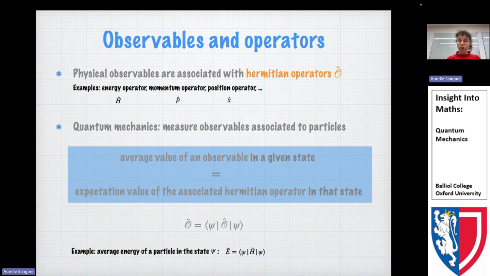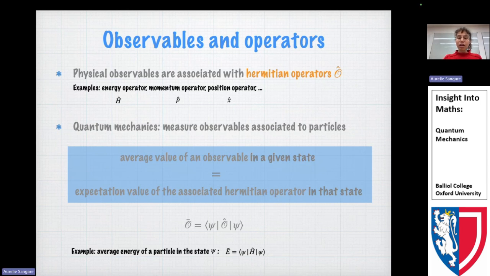So depending on psi, you could get different average values for an observable. So that's why we always talk about in a given state. So you compute the average value of an observable knowing that your particle is in a given quantum state.